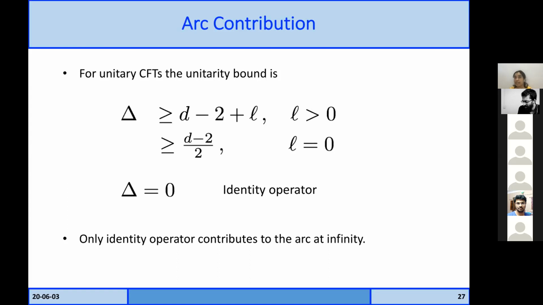But if you have an infinite contribution to the arc, then you have to analyze all the contributions and see how it works. It depends very specifically on a particular theory. But in principle, you can go ahead even without the immediate bound.